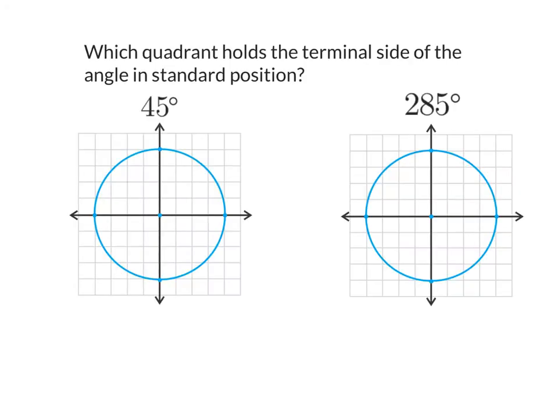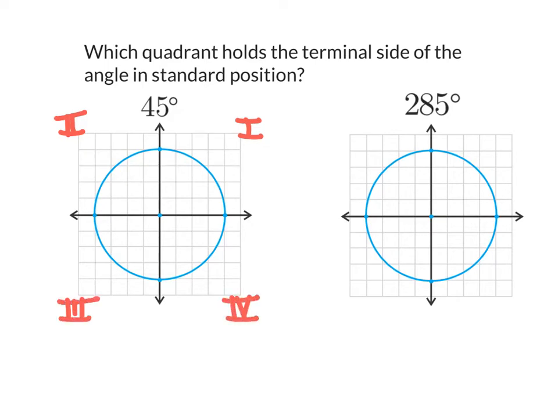To determine which quadrant holds the terminal side of a standard angle, we're going to draw the angle in standard position and then identify which quadrant it terminates in. Just as a reminder, the quadrants go 1, 2, 3, and 4.